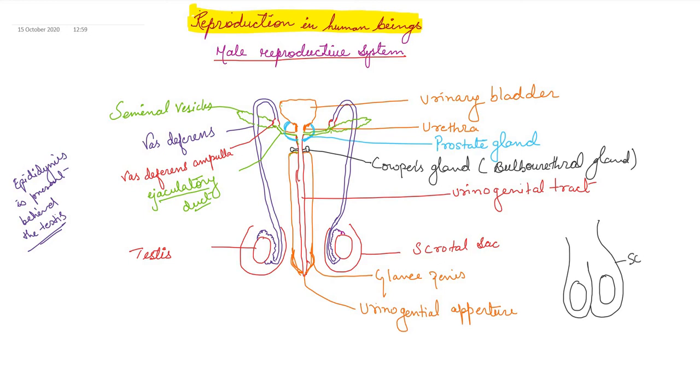This scrotum lies outside of the abdominal cavity, and this connection, this area, is known as the inguinal canal.